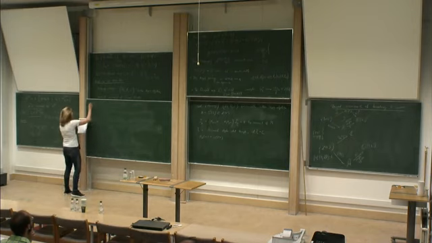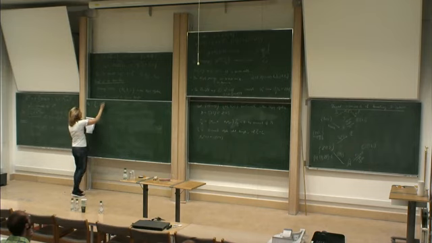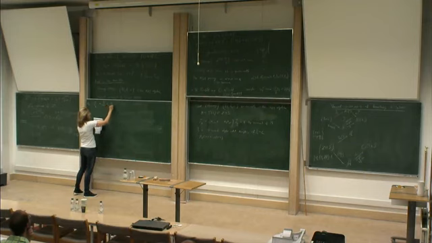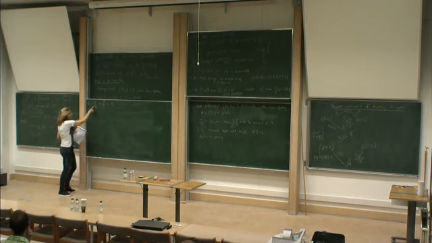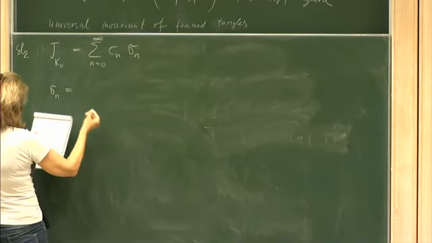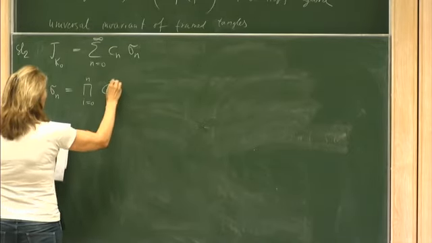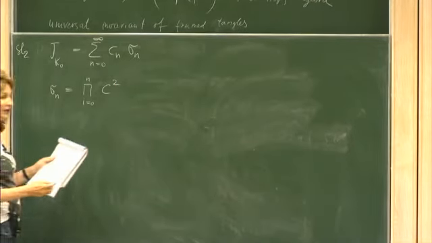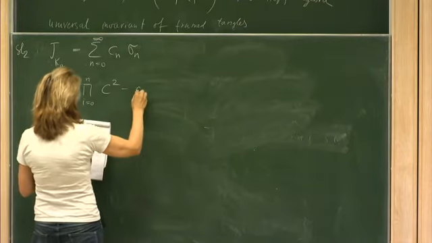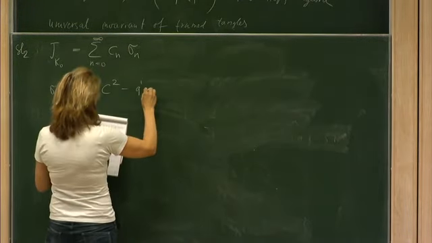So let us just take a note. The universal invariant in the case of SL2 can be written as some integral coefficients times sigma n, and this sigma n is the following expression: a product for i from 0 to n, where you have the square of the Casimir minus some eigenvalues of the Casimir.